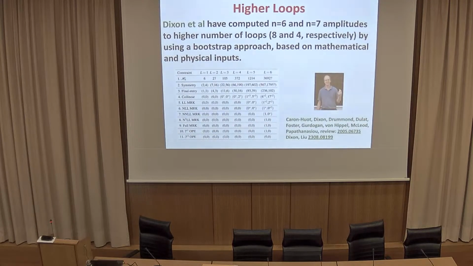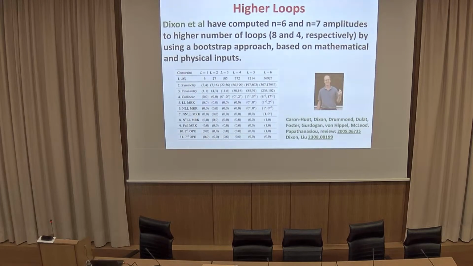Using the knowledge of singularities, you can use something like a bootstrap, where you start with this list of singularities and then impose mathematical and physical conditions, and you can find a remarkably unique function, the actual amplitude, which satisfies these constraints. Yorgos can probably teach a class on this. It's amazing work, and they were able to compute this up to 8 and 4 loops. I think this is probably the highest loop calculation ever in quantum field theory, where you know the exact non-trivial function.